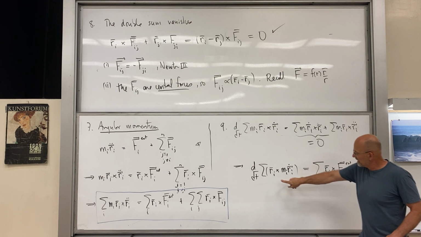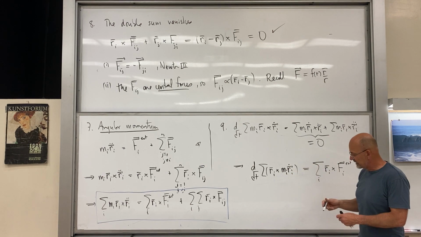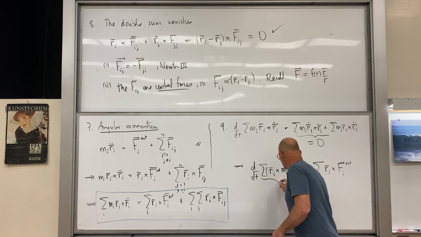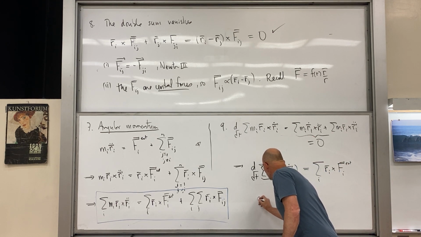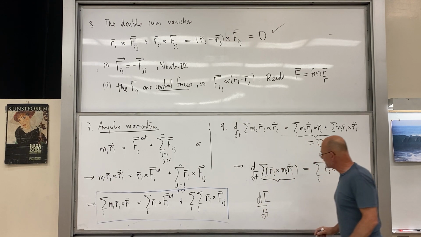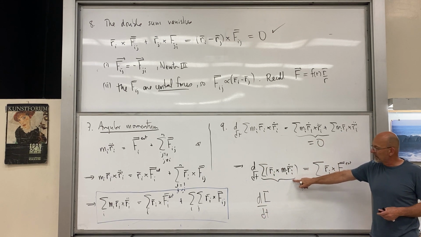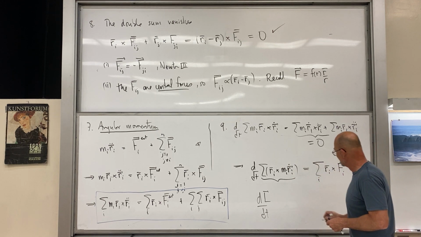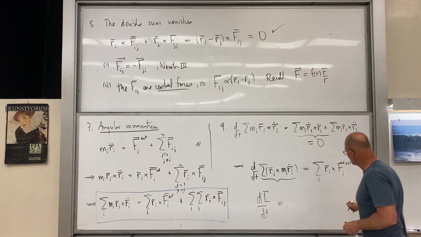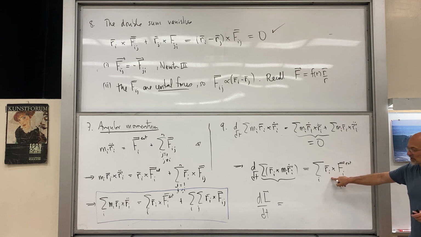And this is the angular momentum. So directly underneath, I'm just going to write dL/dt, the time derivative of the angular momentum, which is defined right here, is equal to the net external torque.